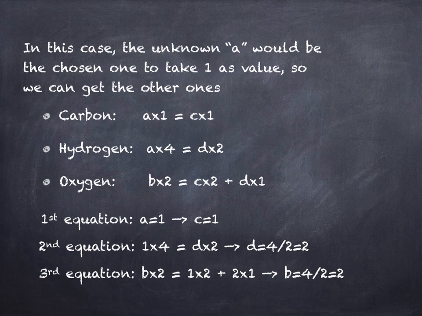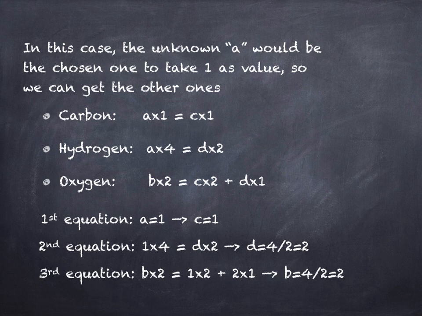From the first equation, the carbon equation, because we have assigned A equals 1, we can get C, that is also 1. Now, let's move on to the second equation, the hydrogen equation.